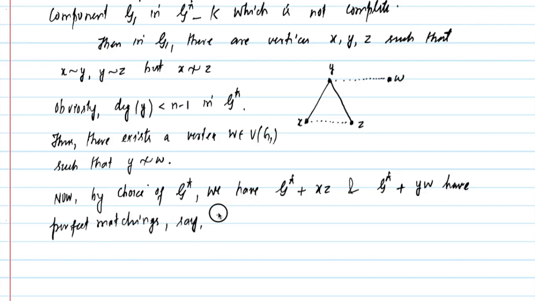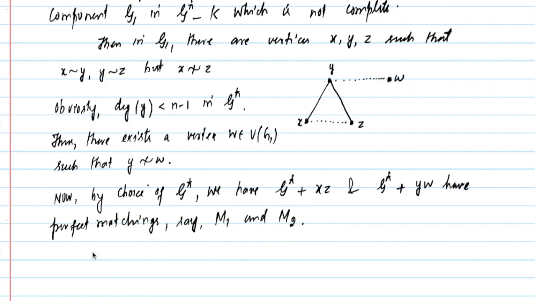Say M1 and M2. So we have a perfect matching M1 in G star plus xz, and this perfect matching must contain the edge xz, because it is only xz that has made it possible for G star plus xz to have a perfect matching. Similarly, G star has no perfect matching, but G star plus yw has a perfect matching M2, and this perfect matching must contain the edge yw.